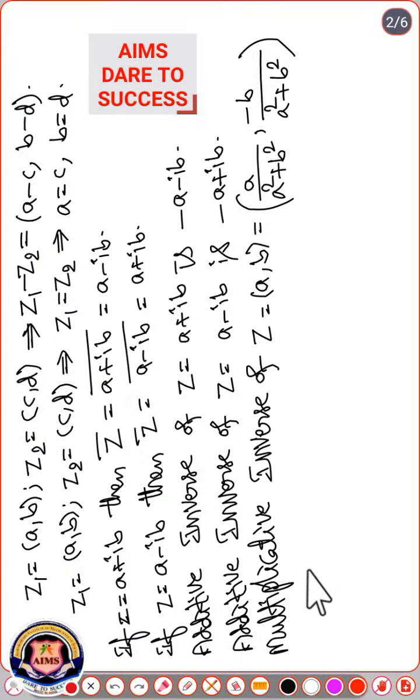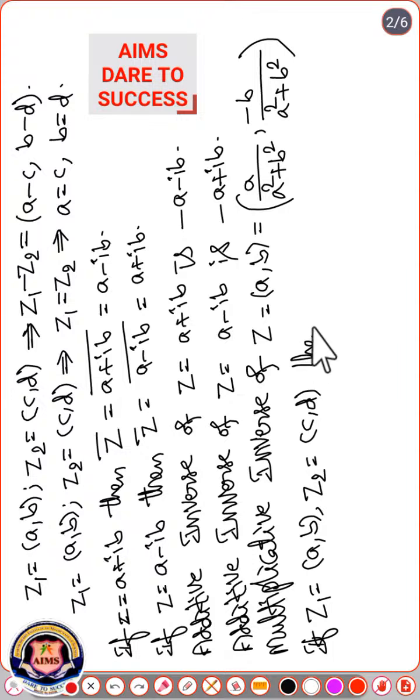Next concept is Z1 into Z2, the multiplication concept. If Z1 is equal to (A, B) and Z2 is equal to (C, D), then Z1 into Z2 is equal to: real part to real part multiply, AC, then minus imaginary part to imaginary part multiplication, AC minus BD.